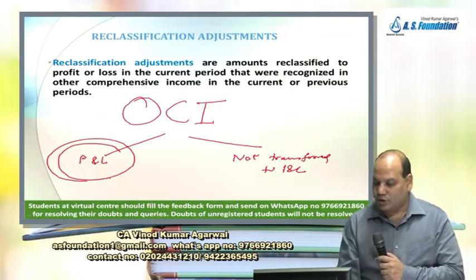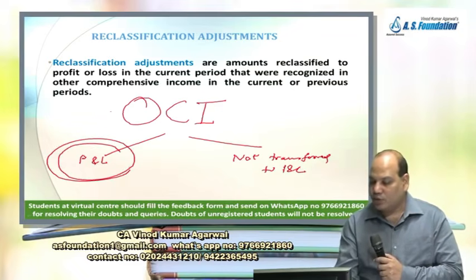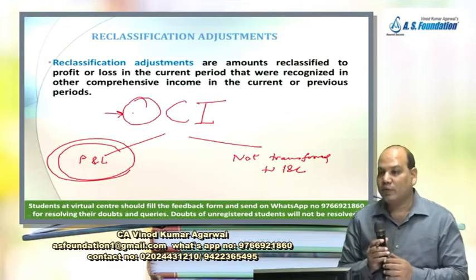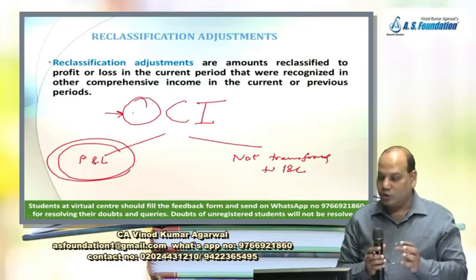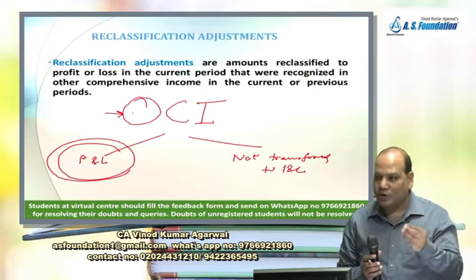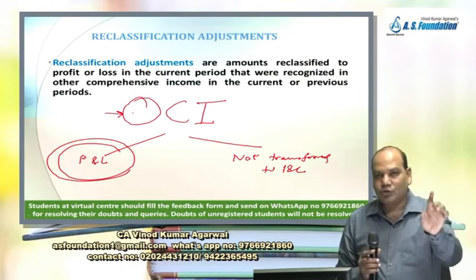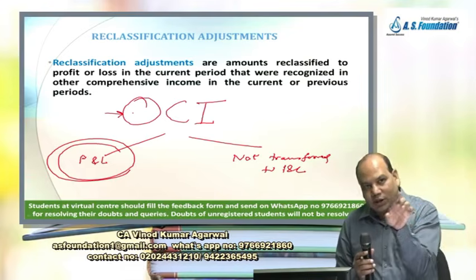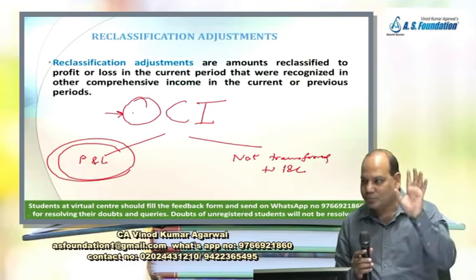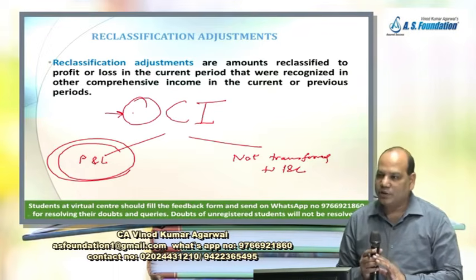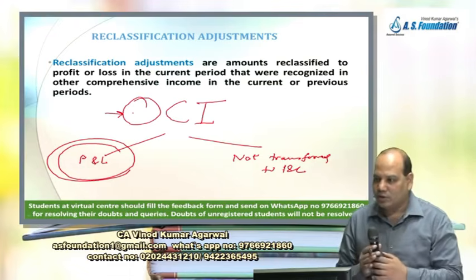So we are talking about such items which were once classified in OCI because they were unrealized, and now in this current year it got transferred to profit and loss account. So it might be recognized in OCI in current year, or it might have been recognized in the previous year. So even if it is current year, you will show it as a deduction, less transferred to P&L account. Is it right? Or if it is in the previous year, then also you will write accordingly.